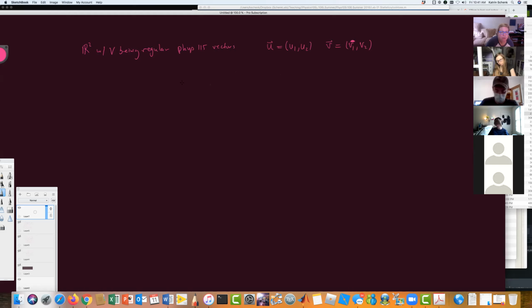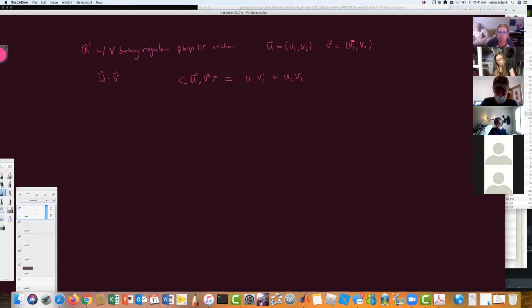Then the prescription for using the inner product space that we know and love from physics, U dot V, and you know this as U dot V, the dot product, is U1 V1 plus U2 V2.